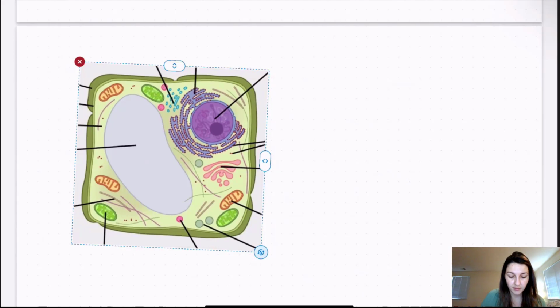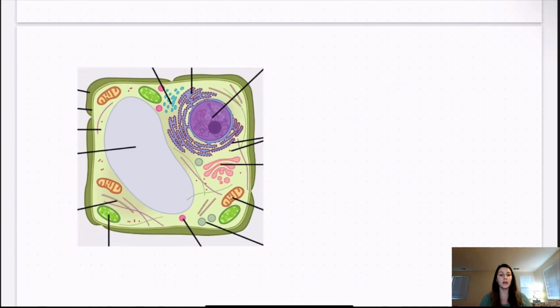Okay, a plant cell. So a plant cell has everything that an animal cell does, with the addition of some stuff. So of course we have things like nucleus. That's what this guy is, nucleus. So we'll write this, nucleus. We have ribosomes. That's what these little guys are pointing to, ribosomes.